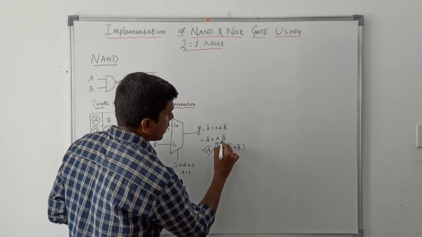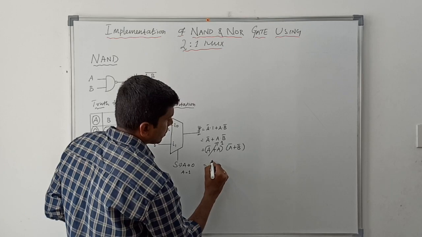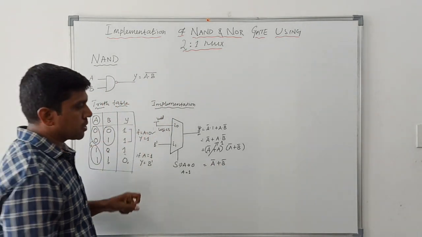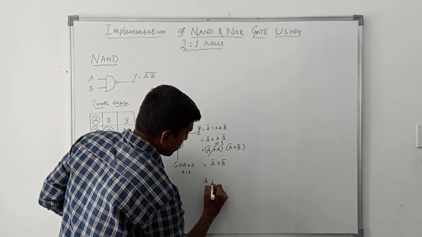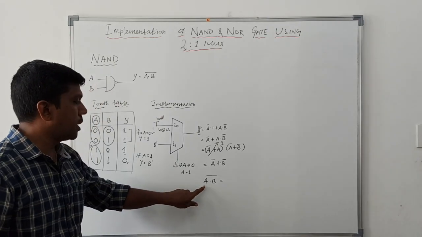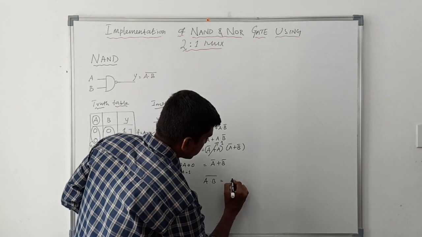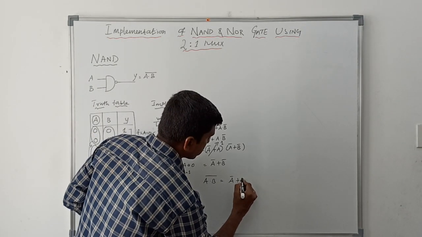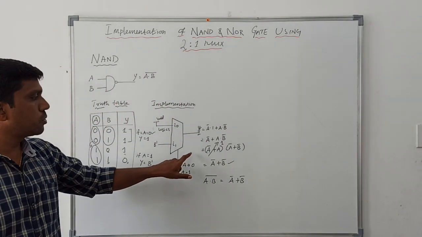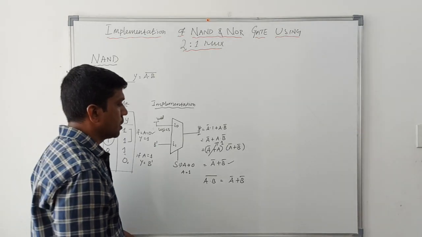A bar plus A equals 1, so the result is A bar plus B bar. The NAND gate Boolean expression is A dot B the whole bar, and by De Morgan's law, A dot B the whole bar equals A bar plus B bar. So this is the NAND gate operation implemented using a 2:1 mux.